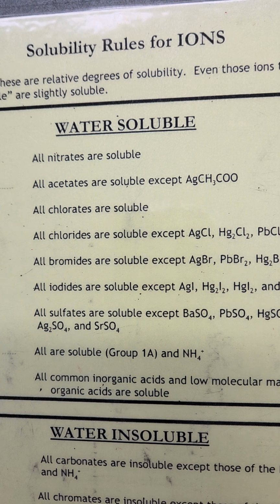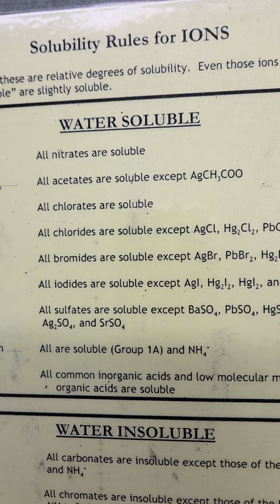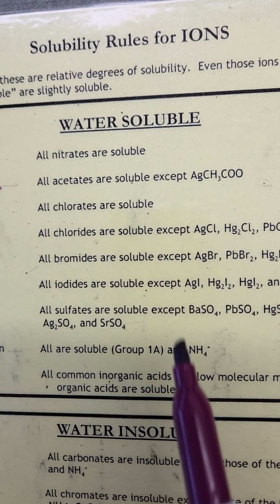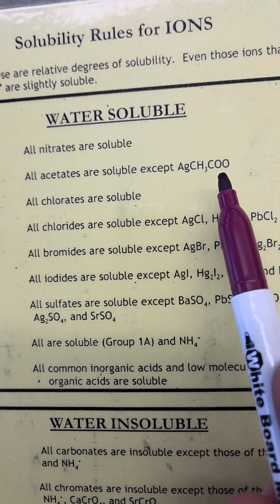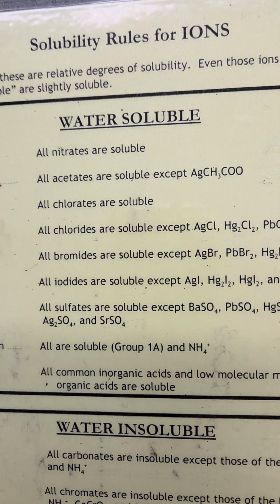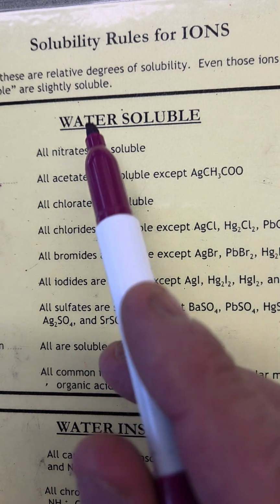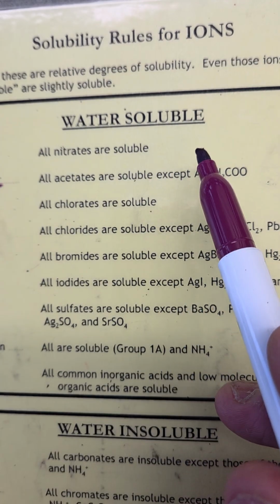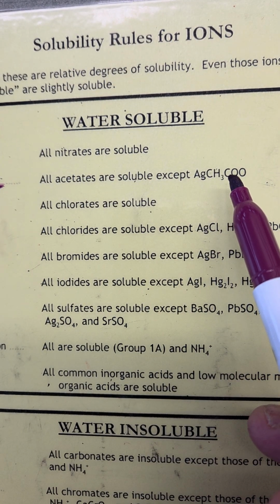That means if silver and acetate ever bump into each other because we mix two solutions, say a silver nitrate with something like a sodium acetate, the sodium is going to be a spectator ion, and the nitrate will be a spectator ion, but the silver, when it bumps into the acetate, will form a precipitate and usually sink to the bottom. So therefore, it is an exception to the rule of being soluble. So therefore, this thing will be insoluble.